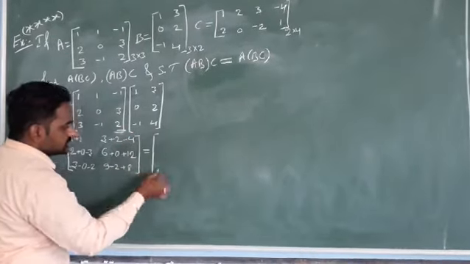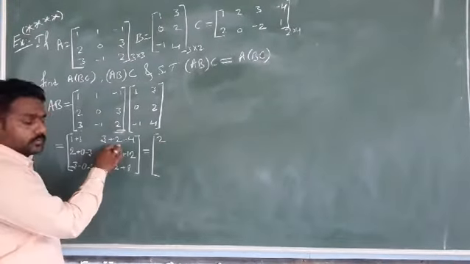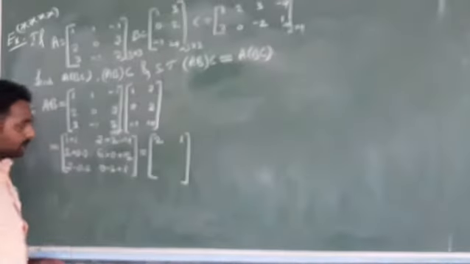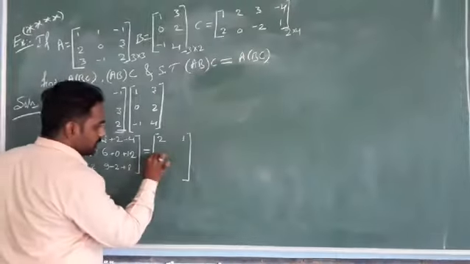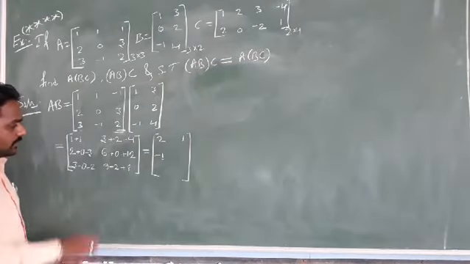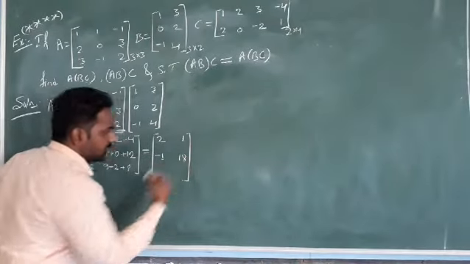So what is the answer here, students? 1 plus 1, that is 2, 3 plus 2, 5, 5 minus 4, that is 1. 2 minus 3, that is minus 1. Okay, next, 6 plus 12, that is 18.